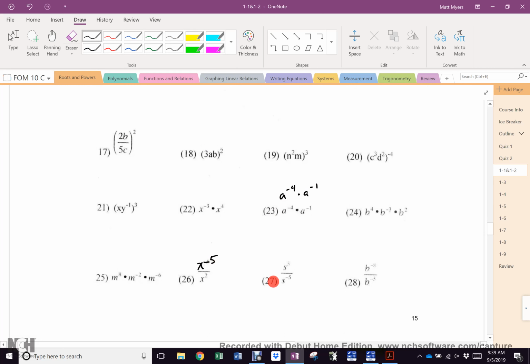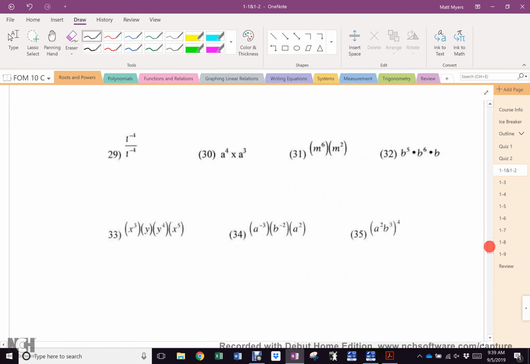Look at 27. 5 is the exponent up top, negative 5 is the exponent on the bottom. Is that visible? What about 28? It's negative 8 up top and negative 3 on the bottom. All those are visible to everyone? Okay. And I think everything on 16 is good.